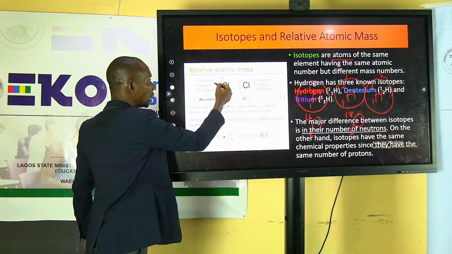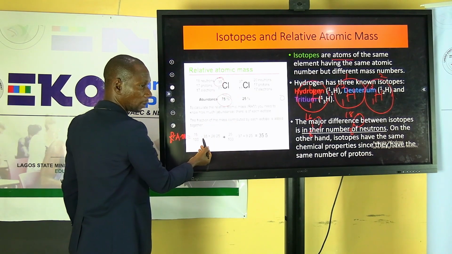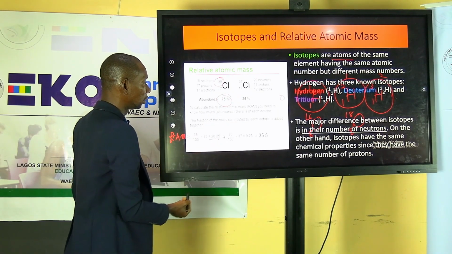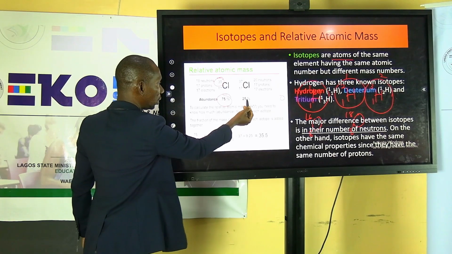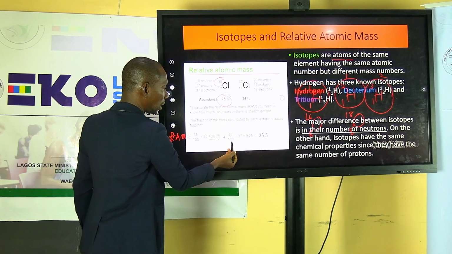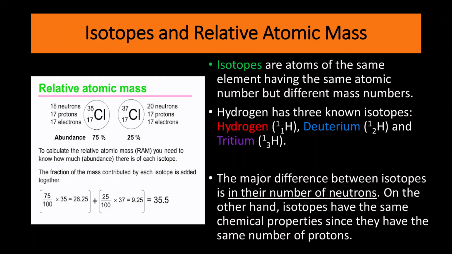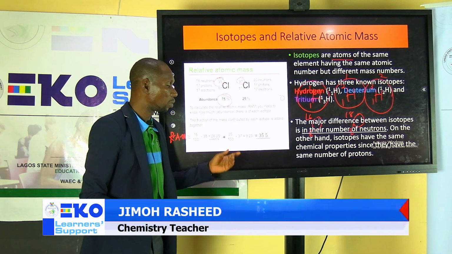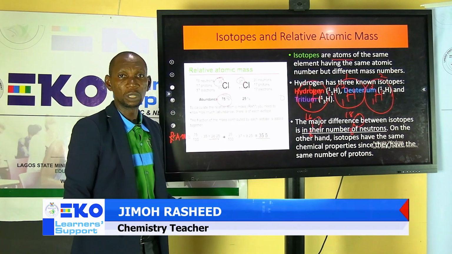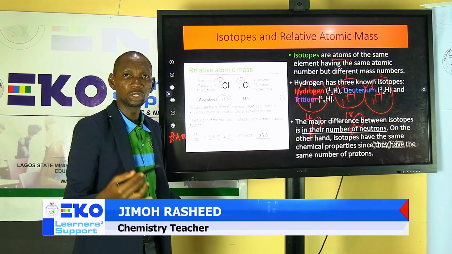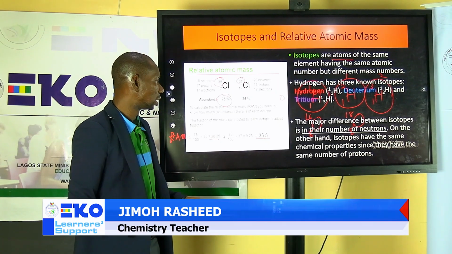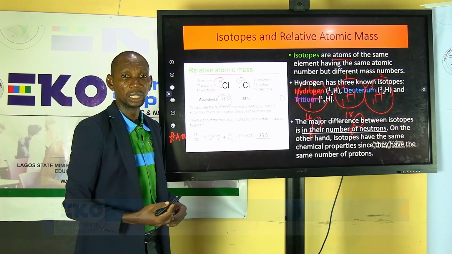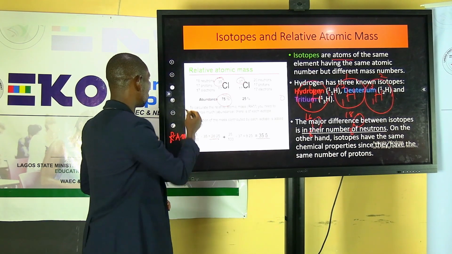Then you multiply it by the mass number, 35. That gives you this value. Then you sum it up with this other one. This is 25 divided by 100 multiplied by 37. And that gives us 35.5. You can be asked in the exam to explain why the relative atomic mass of elements are not usually whole numbers. The reason is because they are usually calculated from their isotopes.